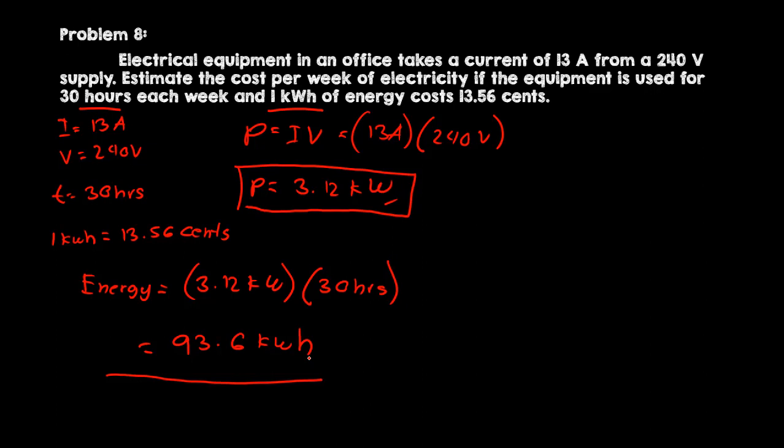Since we need to find the cost, we need to multiply 93.6 kilowatt hour by 13.56 cents because it is the cost of 1 kilowatt hour of energy. So total cost is equals to the total energy consumed, which is 93.6 kilowatt hour, multiplied by 13.56 cents.